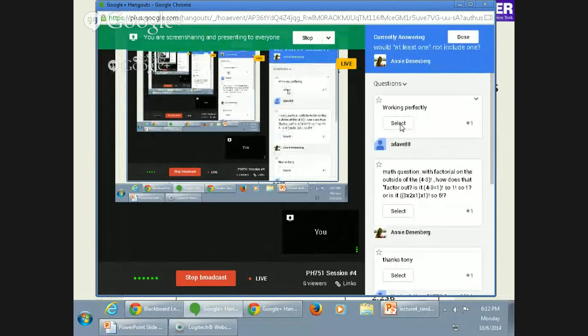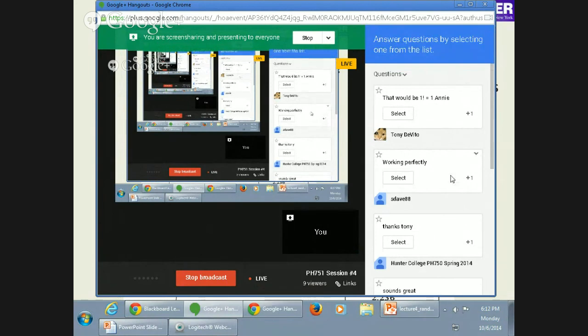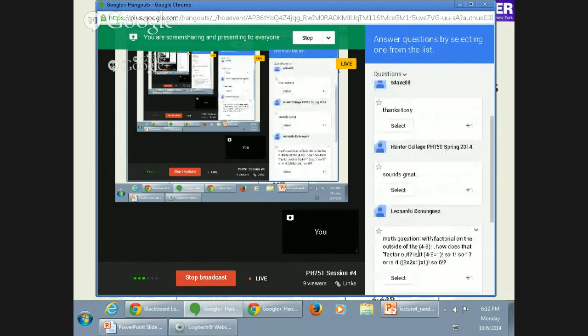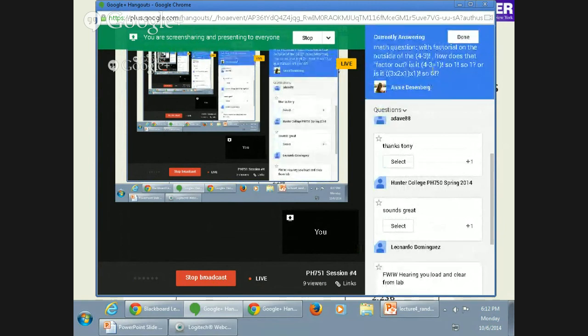Let's see, I'm going to go about answering some of these online questions. Would at least one not include one? Yes, I think at least one means one or more. Let's see, there was a question about the factorial on the outside, 4 minus 3 factorial.